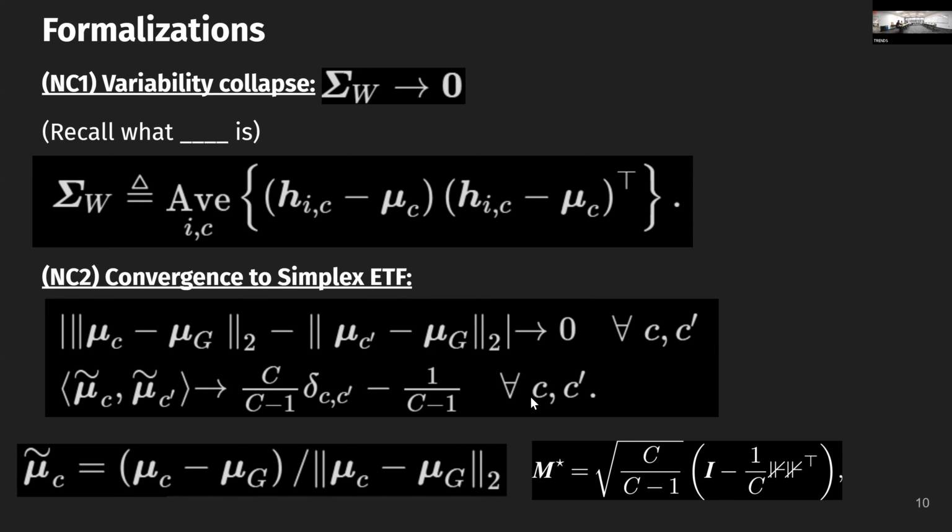So this is just aligning with the idea that you're going to converge to this 1 over C-1. That would make sense, right? The Kronecker delta, for each dimension you get one Kronecker delta, and you just multiply that by C over C-1. Right. Yeah.